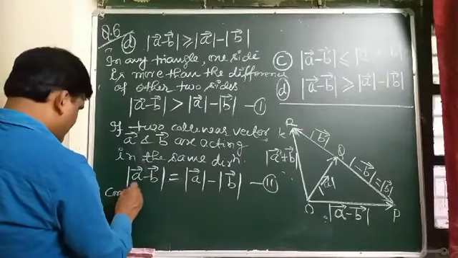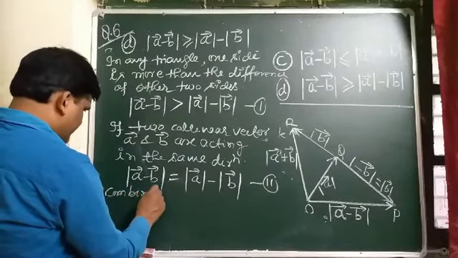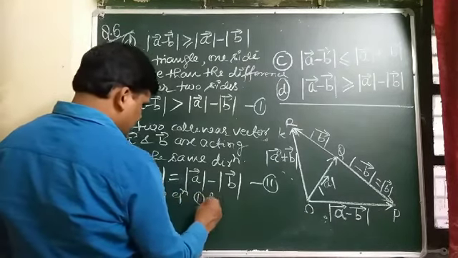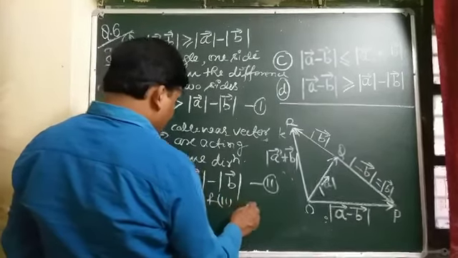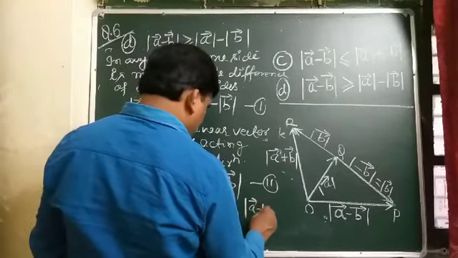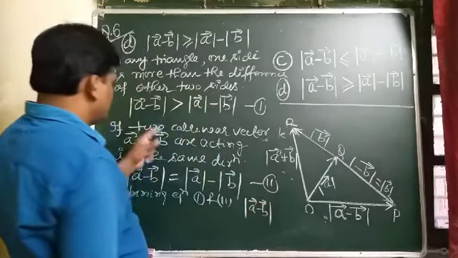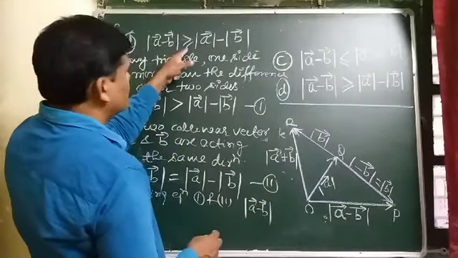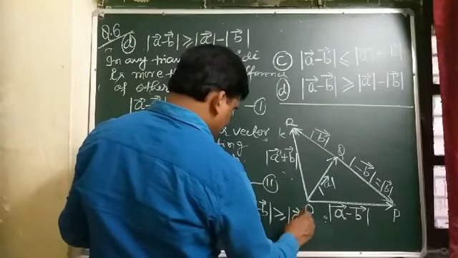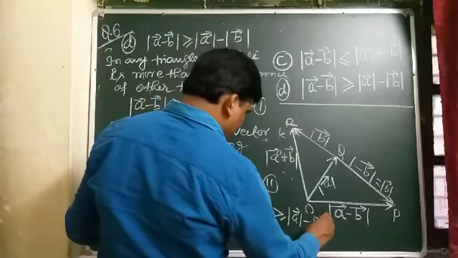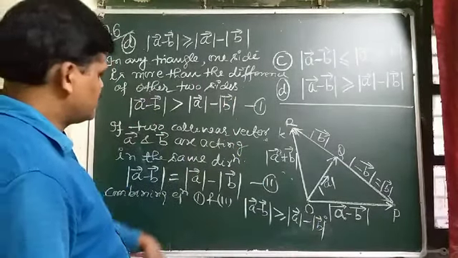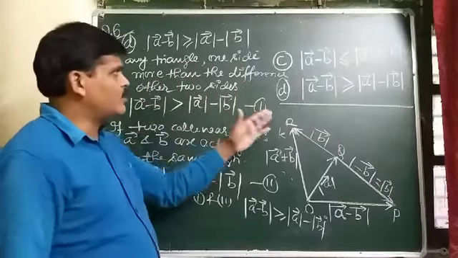Combining equation 1 and 2, we find, student, mod vector A minus vector B is greater than or equal to mod of vector A minus mod of vector B. And this is the proof of all parts.